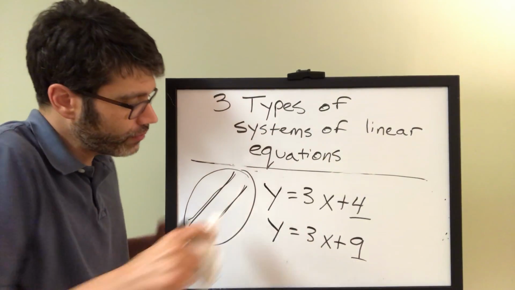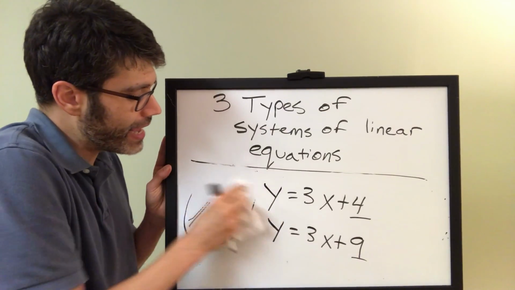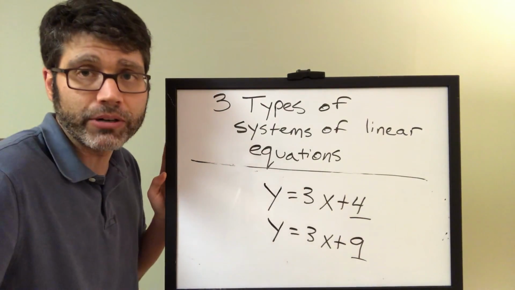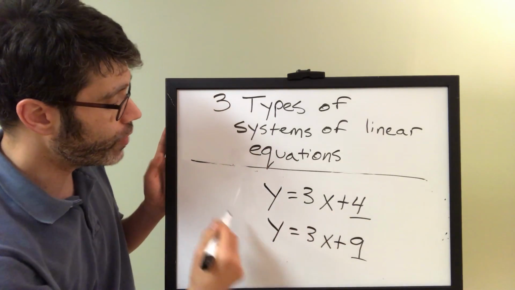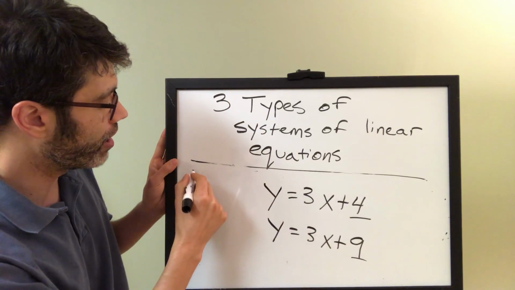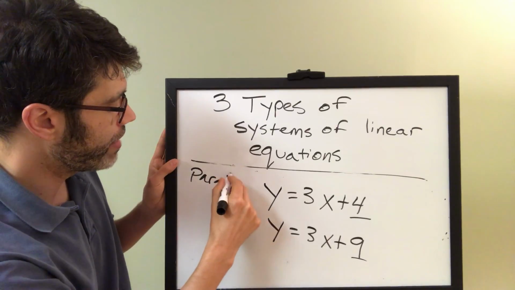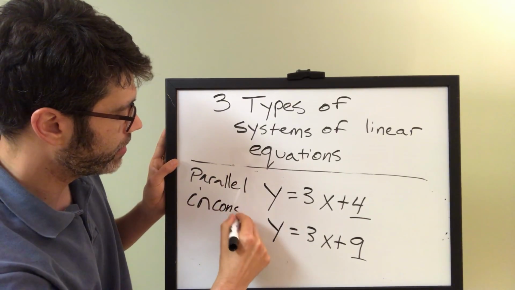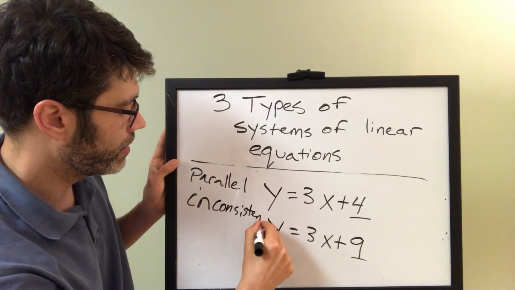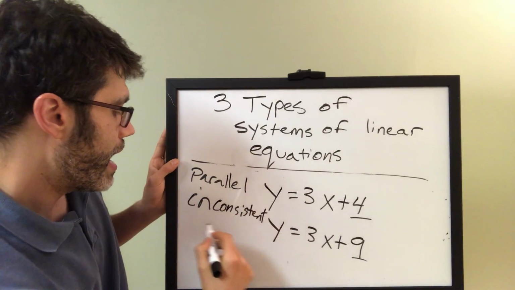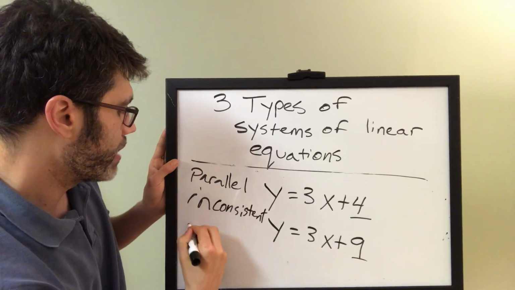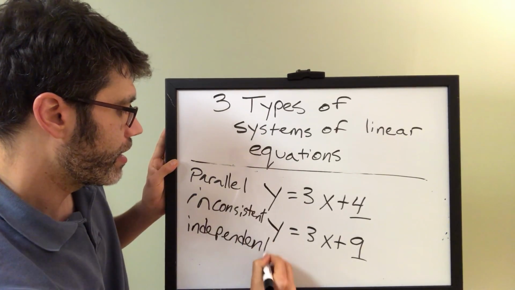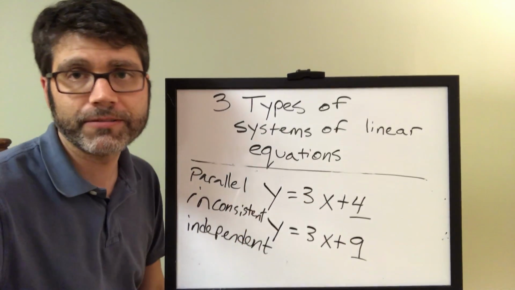Therefore, even with not writing any of these illustrations out, just by analyzing the numbers in these two equations, we could say that they are parallel, and thus they are inconsistent, and independent, just by looking at the properties of these equations.